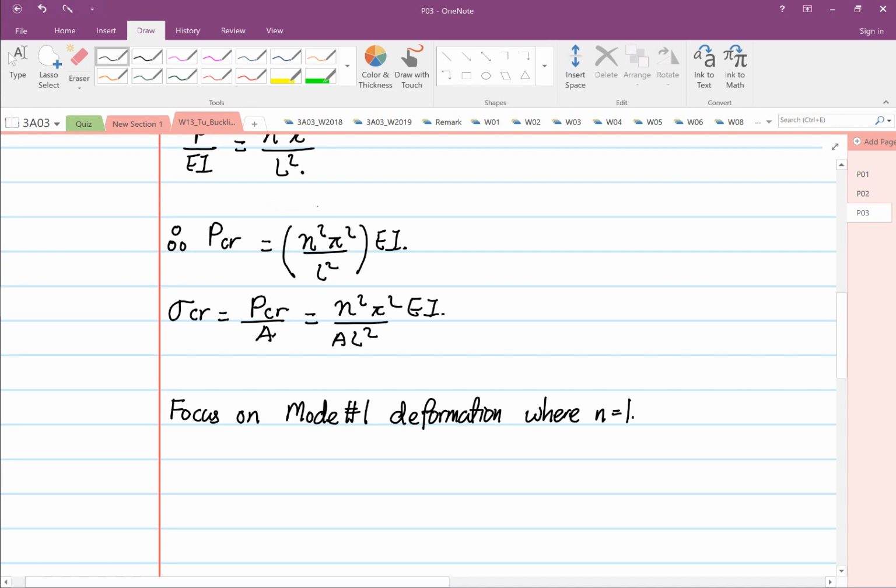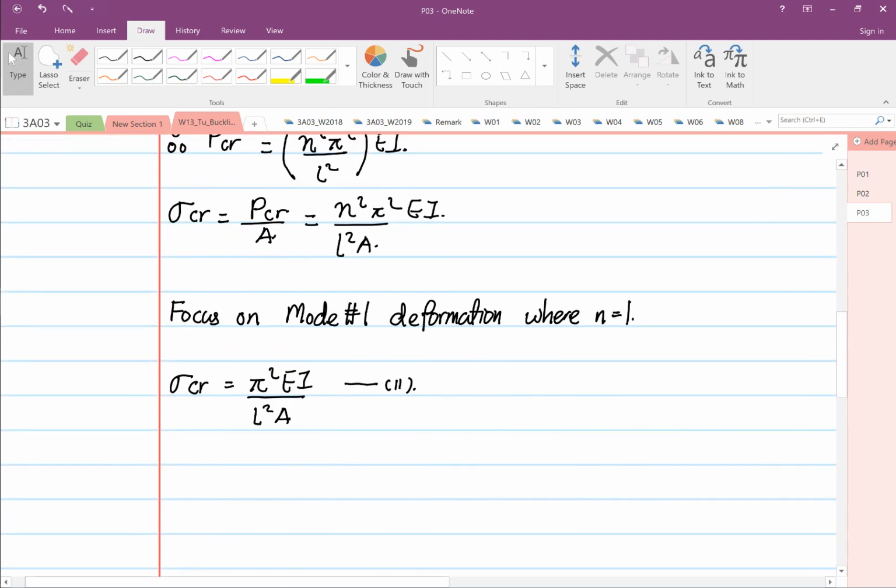So the critical stress is equal to pi squared EI over L squared multiplied by area. So this is our equation 11.